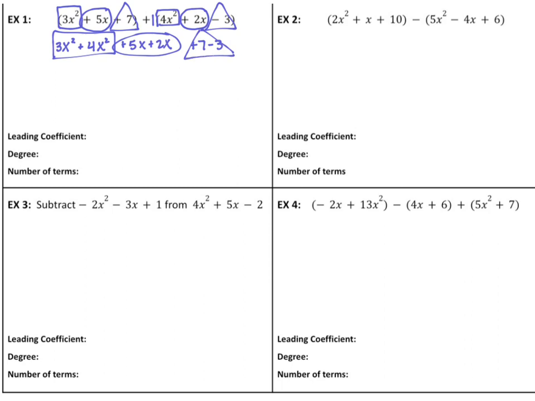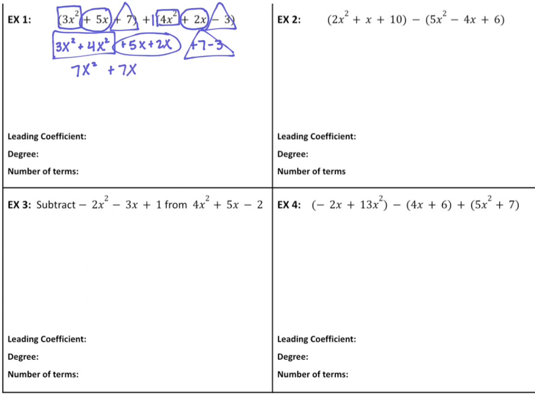Now let's simplify those expressions to find our final expression. So 3x squared plus 4x squared, we add them as if it were just with a 1x. X squared is just another variable, so we are left with 7x squared. 5x plus 2x is 7x.